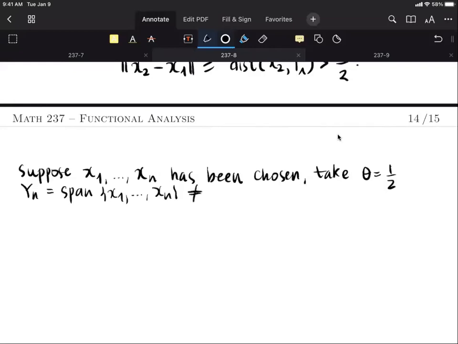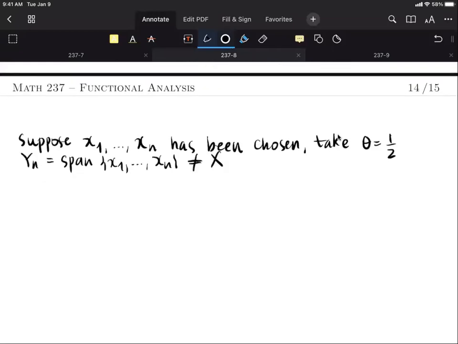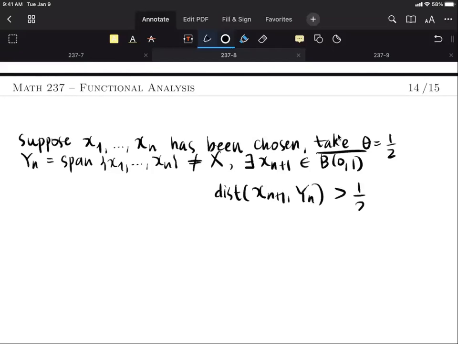Since x is infinite dimensional, this must be different from x. So taking this theta in the previous lemma and this yn, we know that the distance between some x sub n plus 1 in the closed unit ball and yn is greater than 1/2.